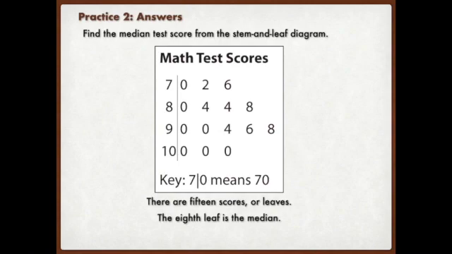And half of them, 1, 2, 3, half of it would be like 7. 1, 2, 3, 4, 5, 6, 7, and that would be 8. The number 8 is the 7th leaf. So the 8th leaf, not the number 8, but the 8th leaf, which is 90, is the median.